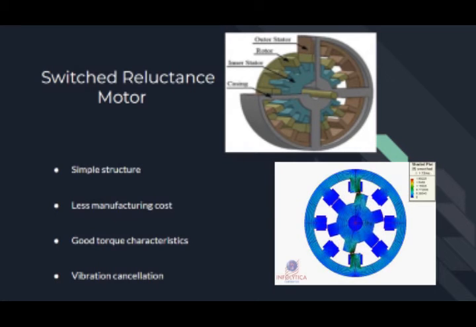Next, the switched reluctance motor. SRMs with a simple structure have been recognized as potential traction motors for EVs, with low manufacturing cost and outstanding torque-speed characteristics. Vibration cancellation techniques for the SRM have been proposed to reduce the vibration mode and acoustic noise.